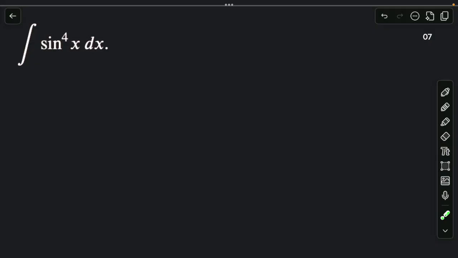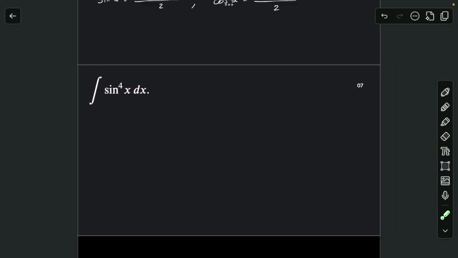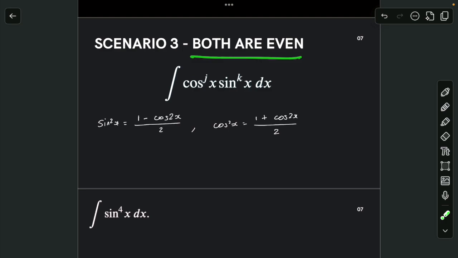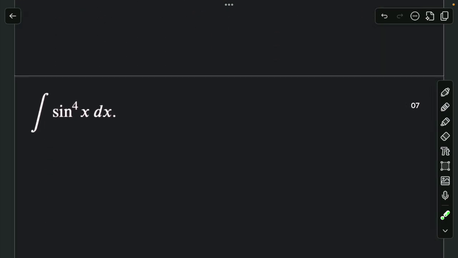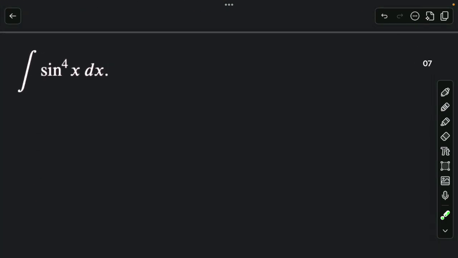Alright guys, so here we've got an example of this type of scenario. Both are even. Why, you ask? Because I didn't see cos. Well, if you think about it, what we've got here is cos to the power 0x, so two evens. And so with that, we can say the following.